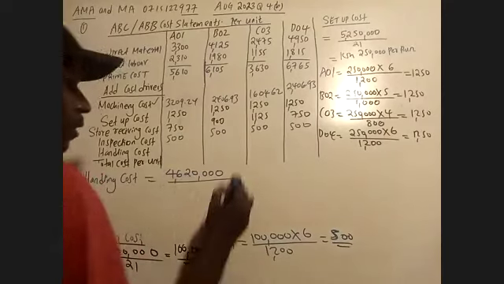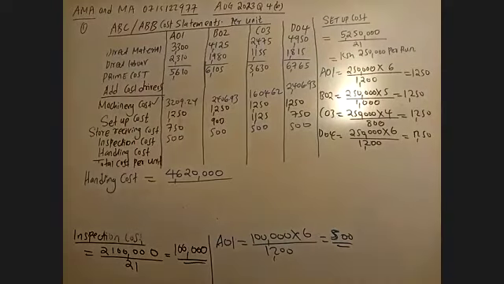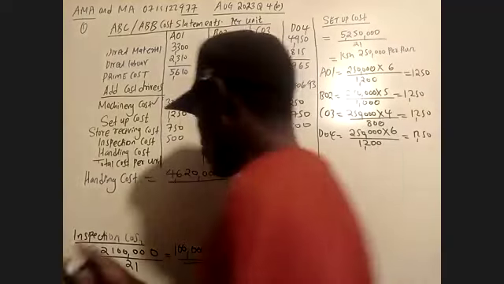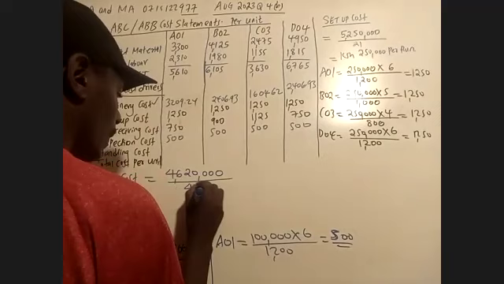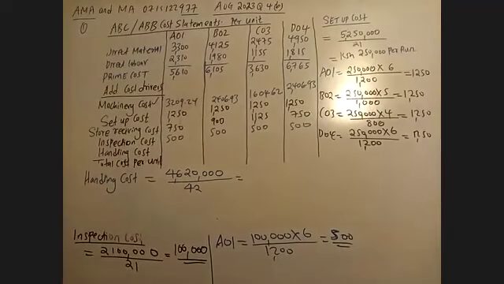Hiyo inaenda nini? Inaenda the order executed goes with order executed. So what's the total number of orders executed? So order executed is 42.